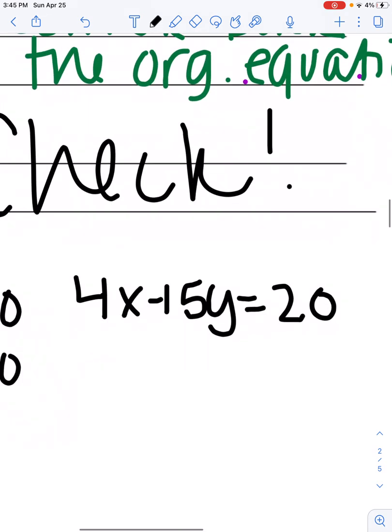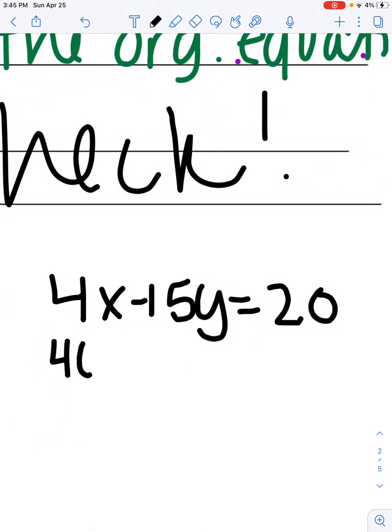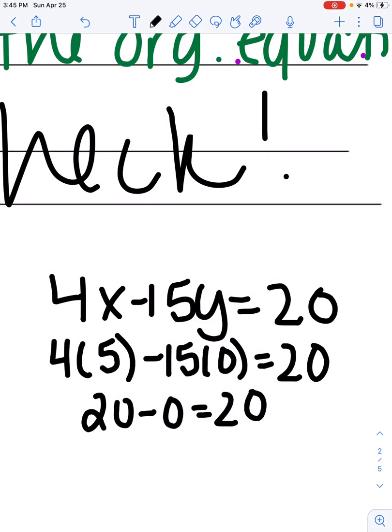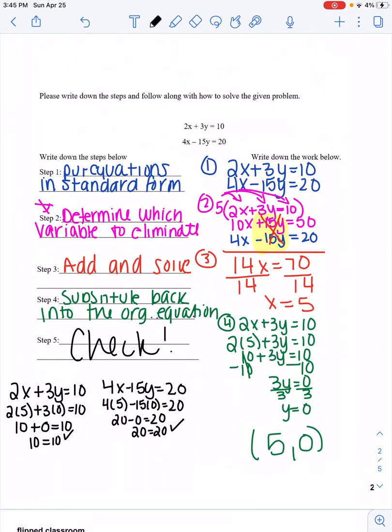Check. 4 times 5 minus 15 times 0. 20 minus 0 equals 20. 20 equals 20. Check. Okay? So there we go. These are the steps on how we solve systems of equations by elimination when we don't already have the variables with opposite signs and the same number.